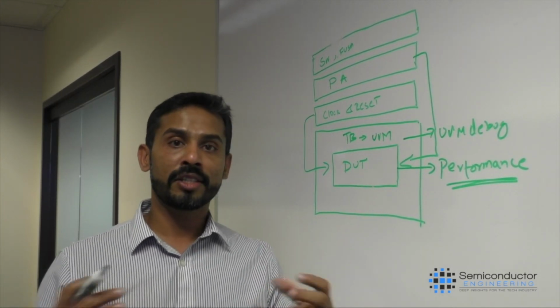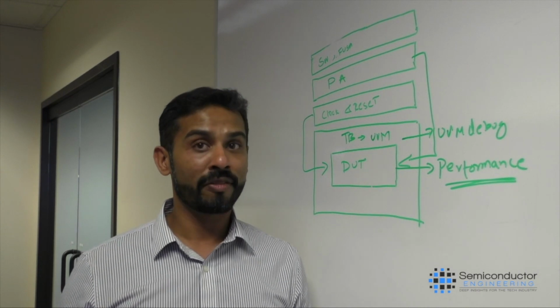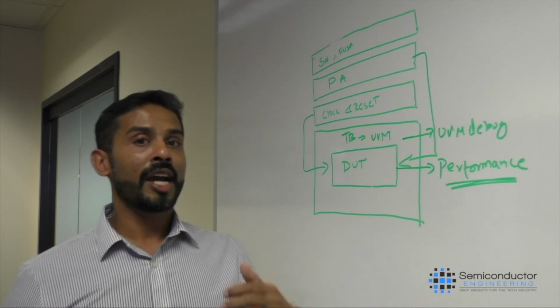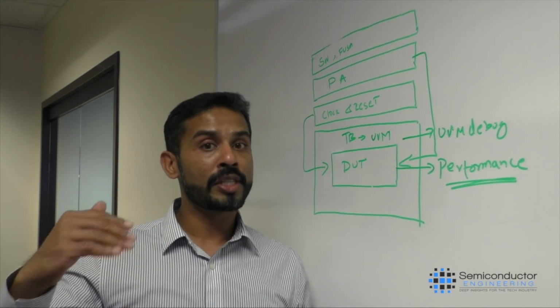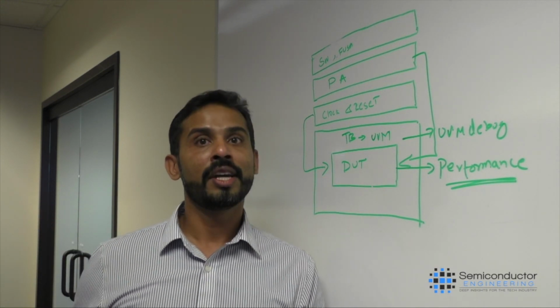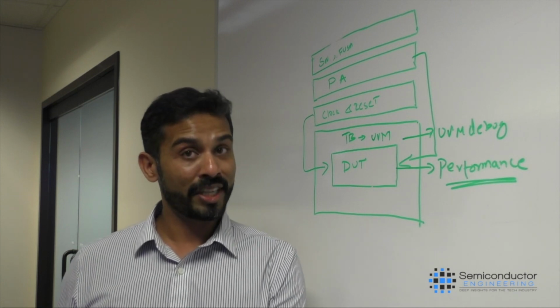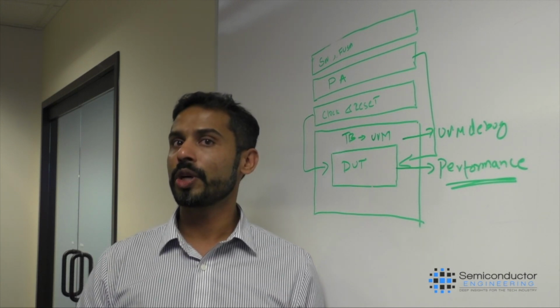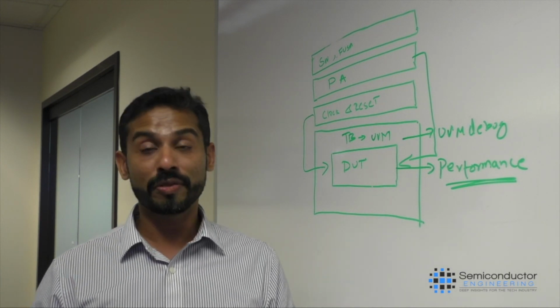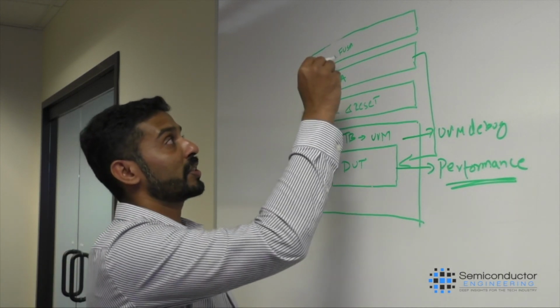Now, these are some of the things that you might have already known about. As we are going towards automotive and other Internet of Things, there's safety, functional safety, ISO 26262 requirements. All those things are coming in as well. So there are other requirements like functional safety.